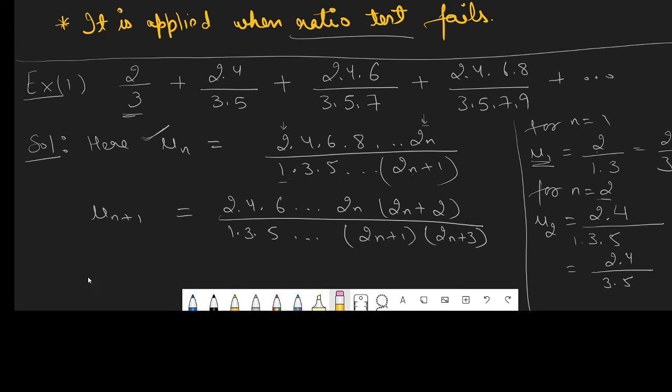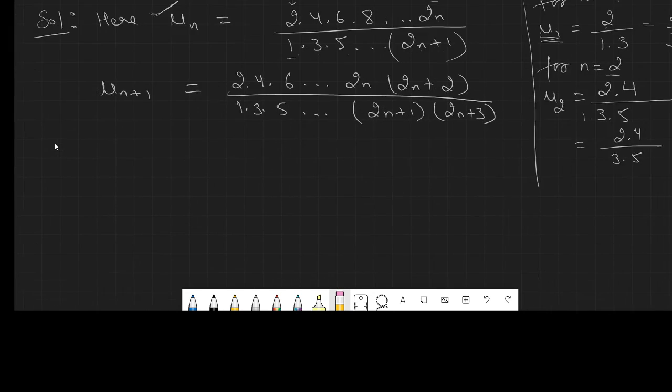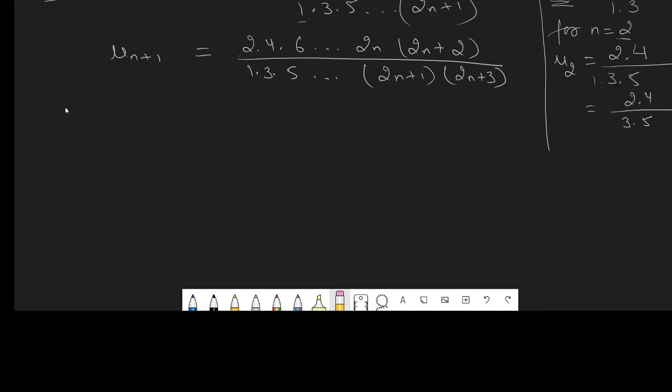Now, applying the ratio test, first we'll find out un divided by un plus 1.